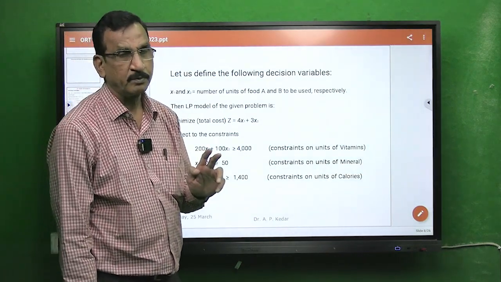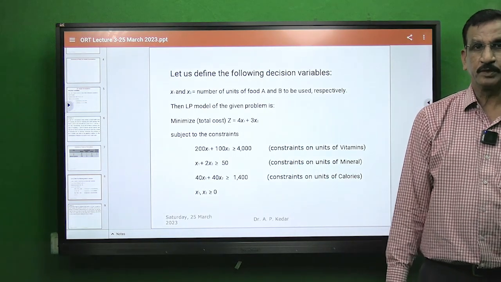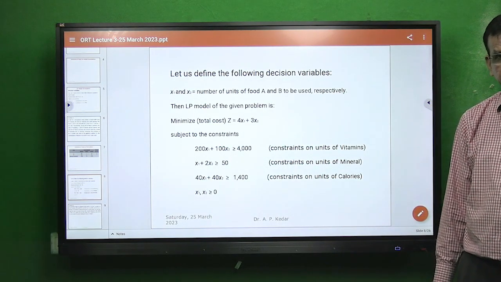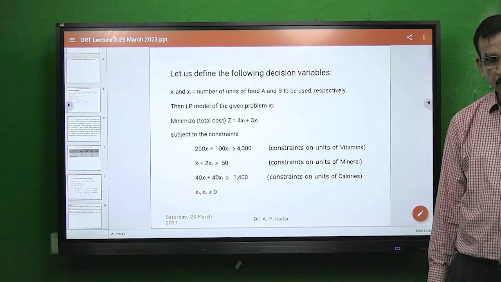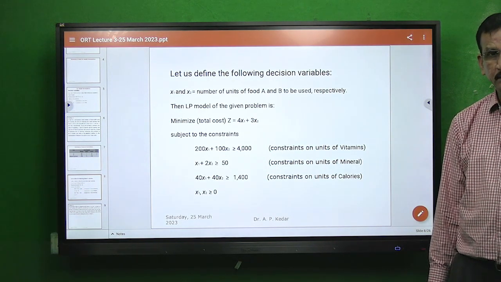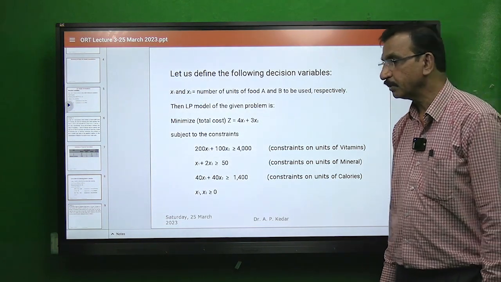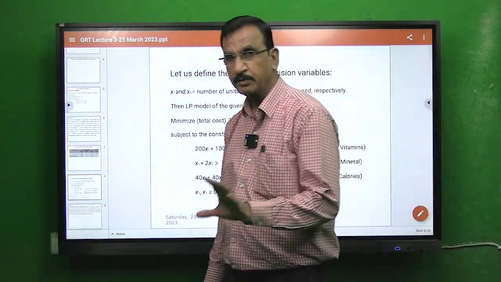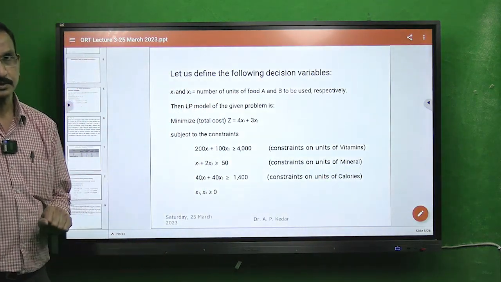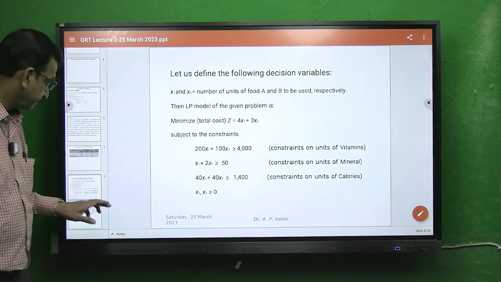In the second problem, the objective function was minimized and the signs for all constraint equations were of greater than or equal to type. Now we'll see the third problem and what logical signs should be used for the linear program formulation as per the given condition.